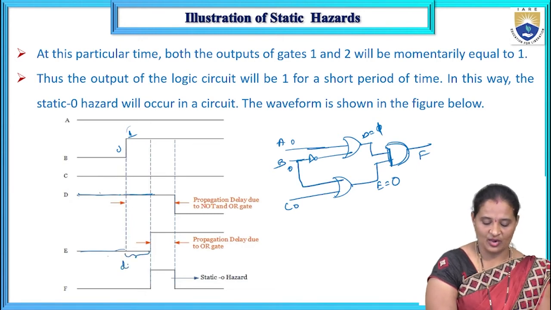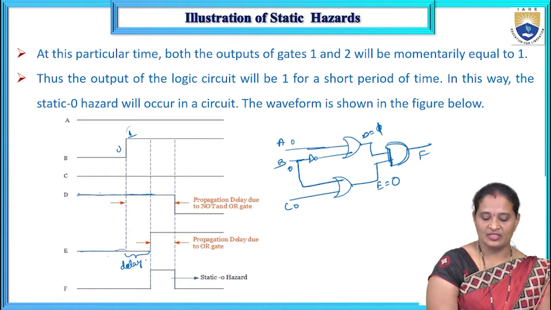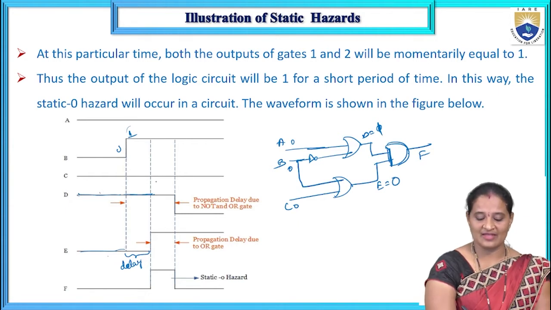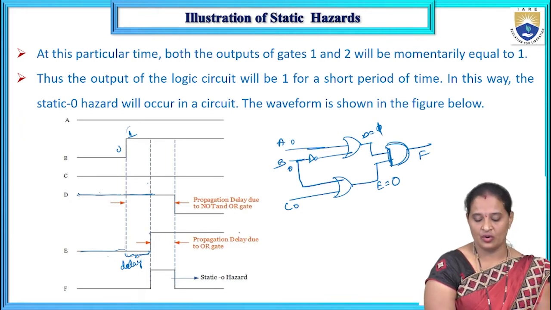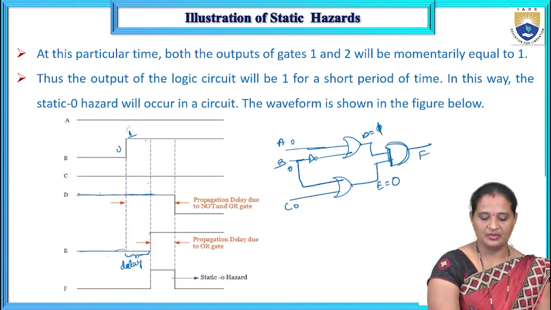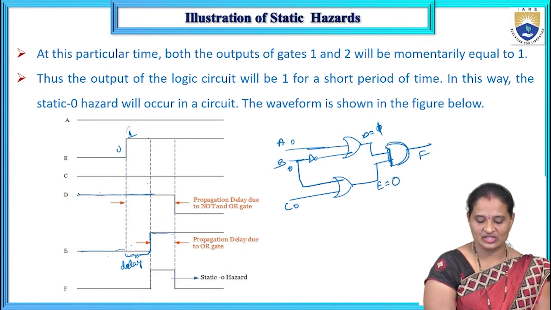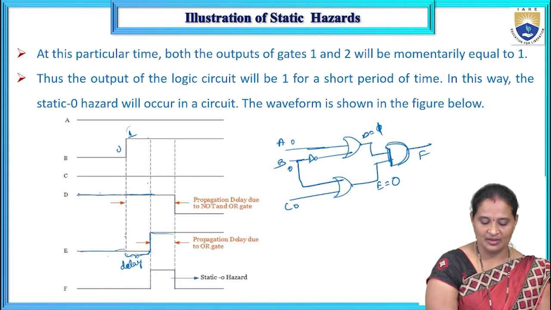This is the delay of gate 1, only one gate is there. The delay of OR gate 2 is less than the delay of OR gate 1. So after the delay, it changes its state to 1 because the input has changed to 1. So 0 plus 1 is 1. Actually it has to change here, but due to the delay, it changes a bit later.